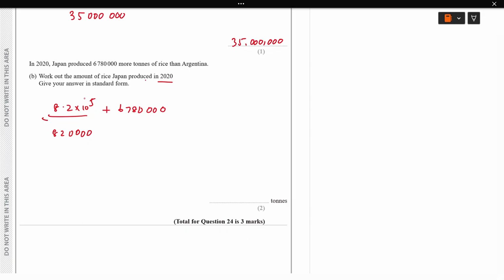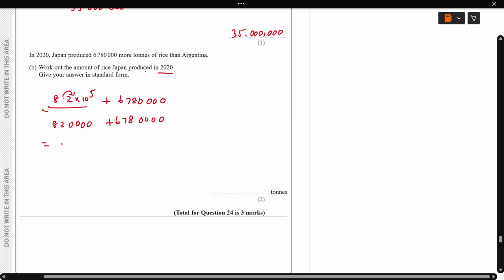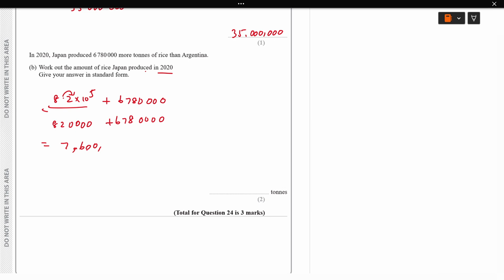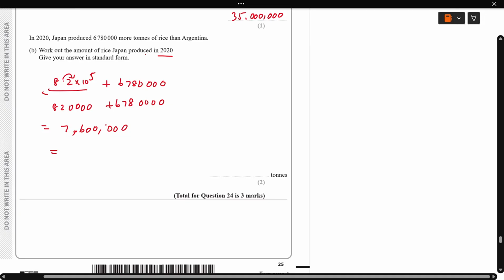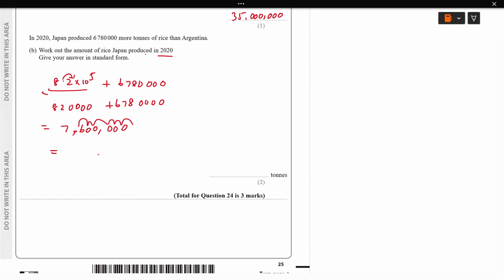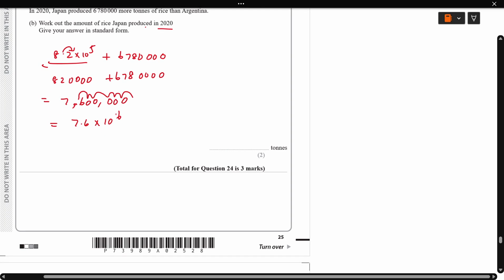Then plus 67, 8, and 4 zeros. When we add together, we'll get 7, then 0, 0, 0. So we'll write it in standard form. The decimal has to go 1, 2, 3, 4, 5, 6 places, so 7.6 times 10 power 6. Always one number should come before the decimal.